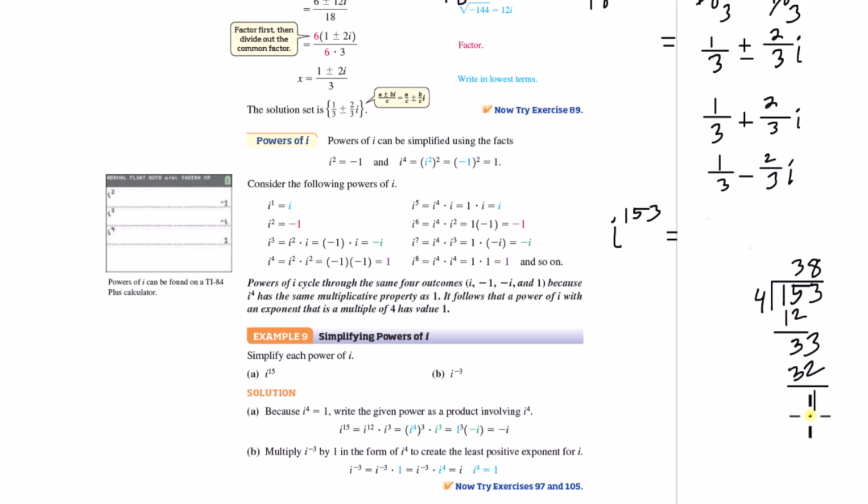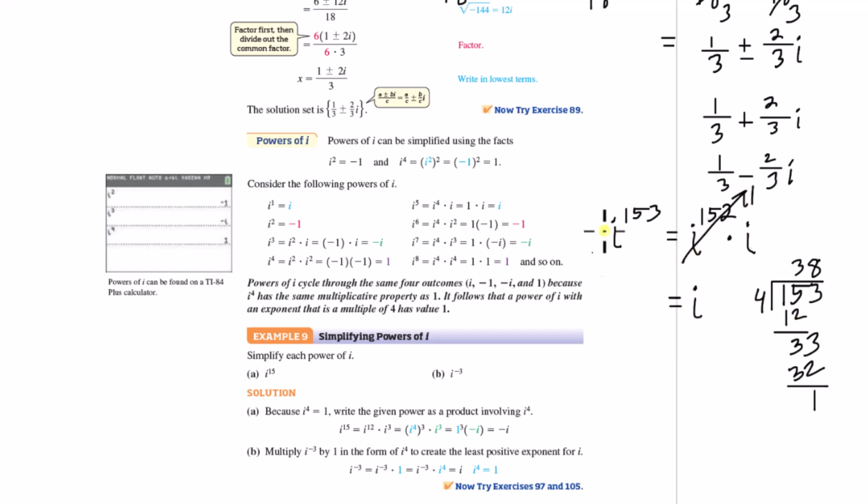Okay, so we have a remainder of 1. What is that telling us? That's telling us that we can write this as i to the 152 times i, because we know 152 is going to be divisible by 4, because 38 times 4 is 152. Well, this is going to be 1, so we're left with i.